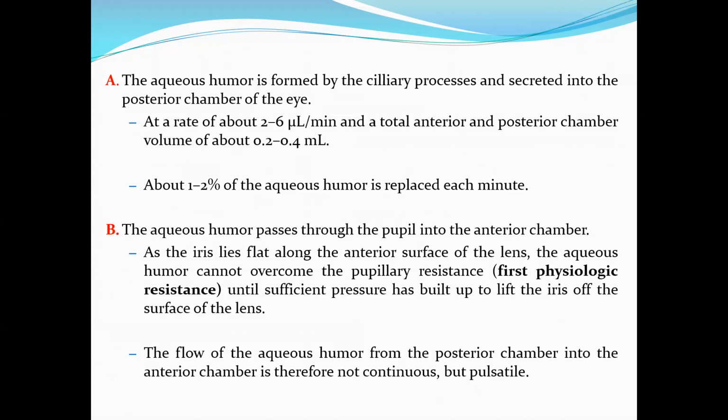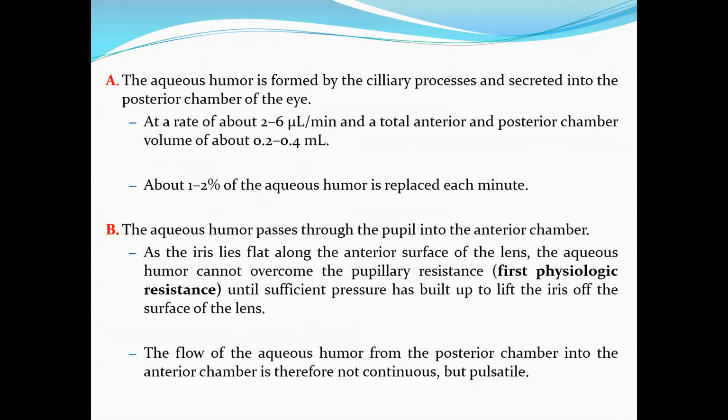The aqueous humor is formed by the ciliary process and secreted into the posterior chamber of the eye. The aqueous humor passes through the pupil into the anterior chamber, from where it exits the eye via three routes. It may be trabecular outflow: 90% of aqueous flows through the trabeculum into the Schlemm canal, and then the episcleral vein.